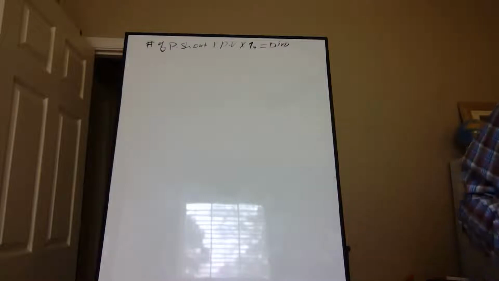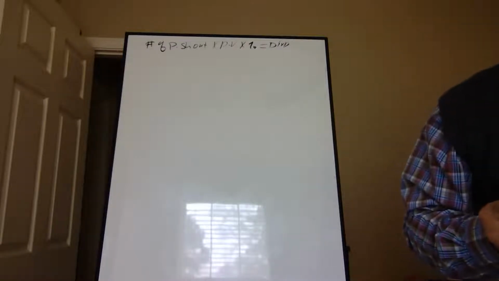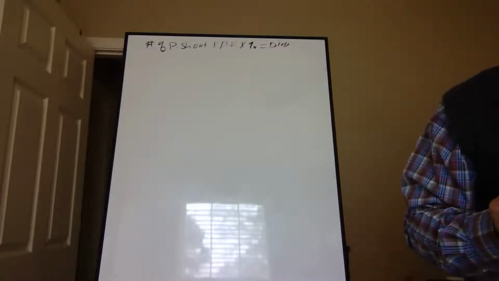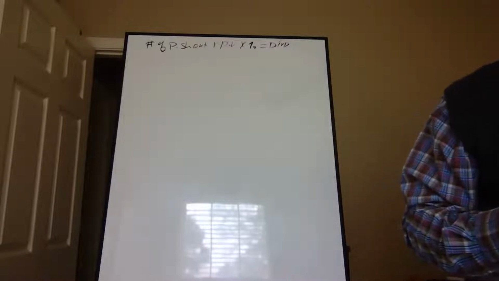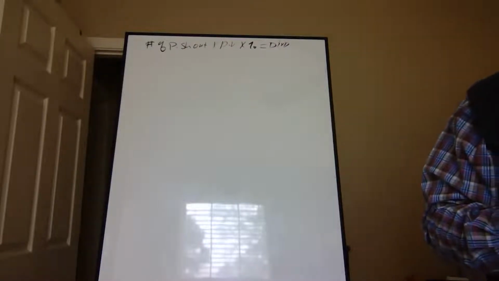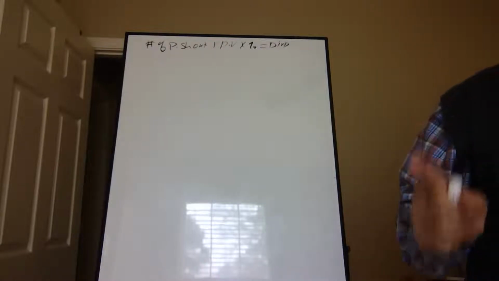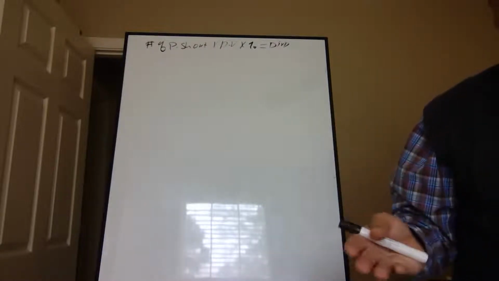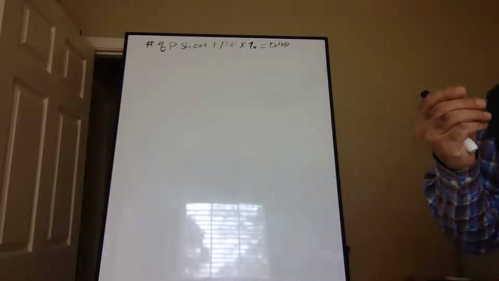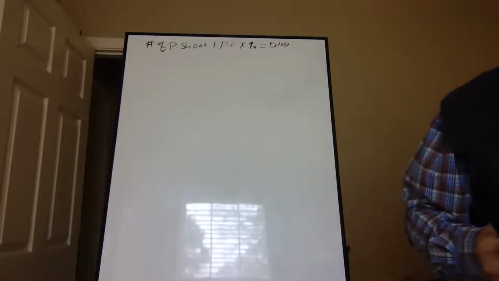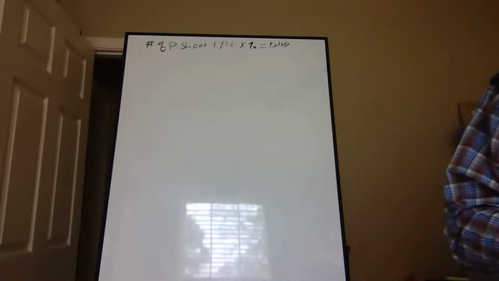On July 1st, issued 10,000 shares of common stock at $11 per share. Now we know the par value is $5, so it was issued with $6 on top of the par value, and that's the amount that we call paid-in capital in excess of par value.